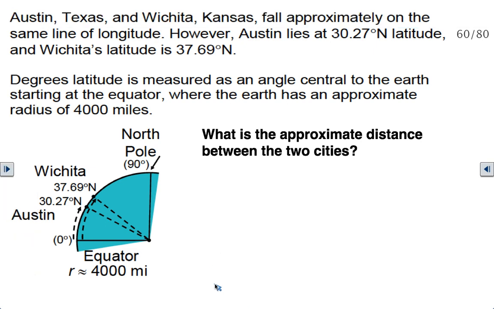Here's one that we haven't done a lot with in class, but we've gone over the formulas and we've gone over some problems out of the textbook, but not necessarily any application problems.